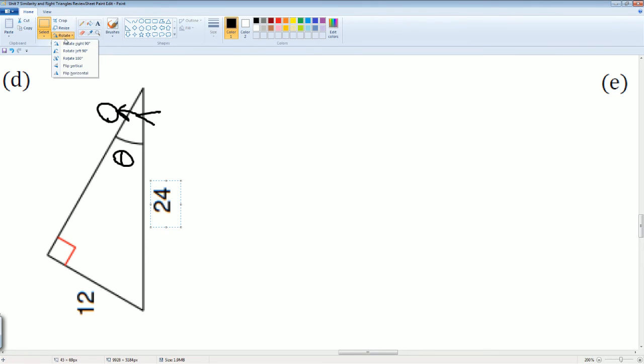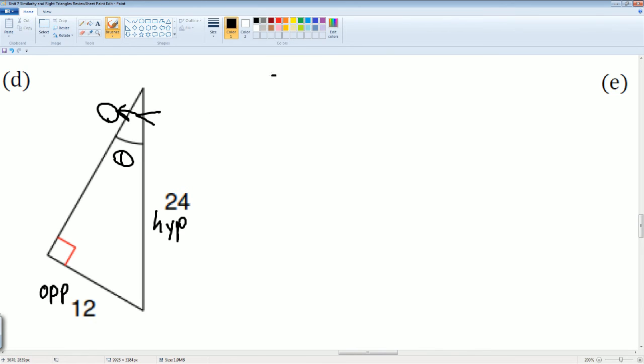Right? So you can see it much better. Boom, there you go. So the 24 is actually your hypotenuse. Your 12 here is going to be your opposite. So you have O and H. Let's bring up our notes.